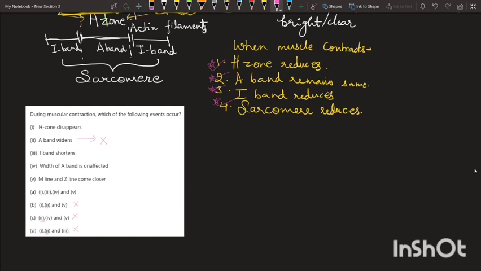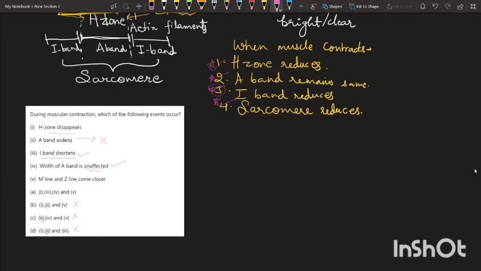Let's see the other options. I band shortens. Of course, see here the third point, I band reduces. So I band shortens is correct. Width of A band is unaffected. Yes, A band remains same, so it is correct. H zone disappears.